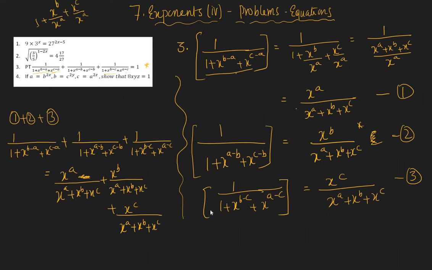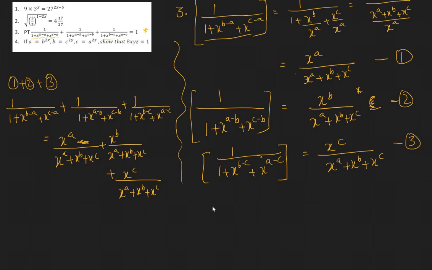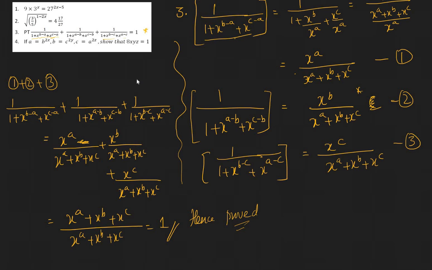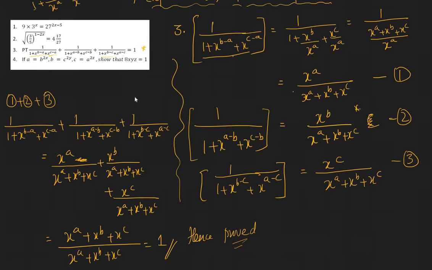So this can be further simplified as x power a plus x power b plus x power c divided by x power a plus x power b plus x power c, and that's 1, and so hence proved, right? So that's quite easy. Sometimes the problem looks too complicated, but it really is not.